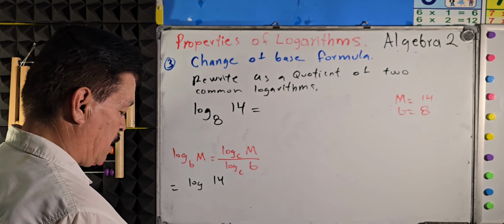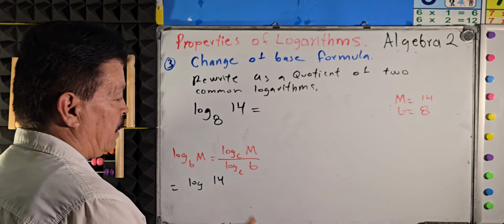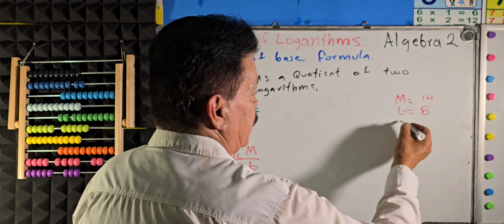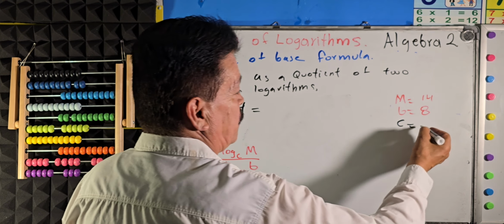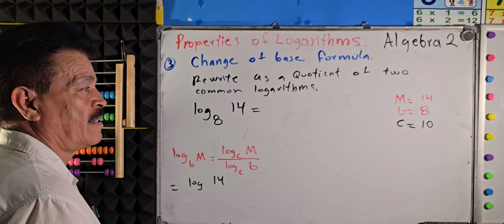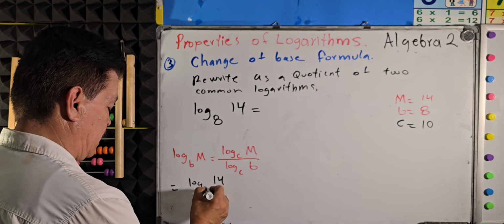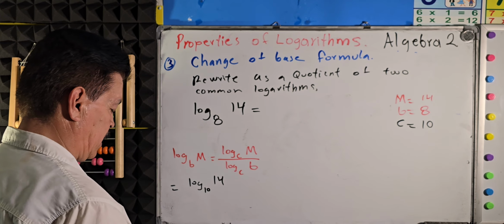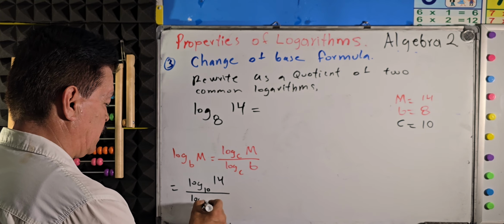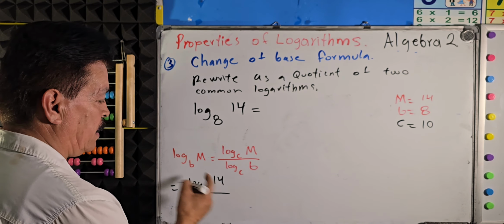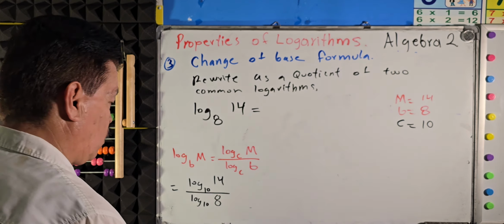How much is c? Remember the c here. Remember the common logarithm: the base is 10. This is the common logarithm. So here, log with the base 10 of 14, divided by log with the base 10 of 8.